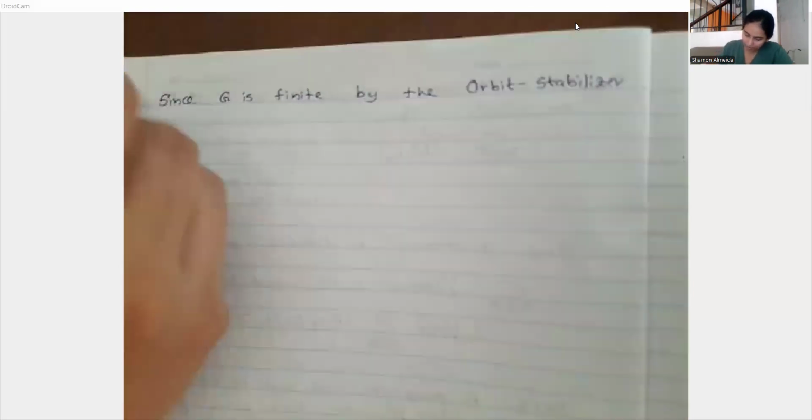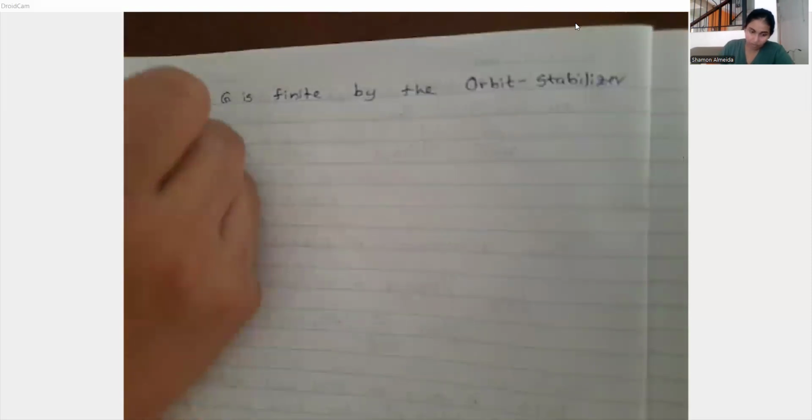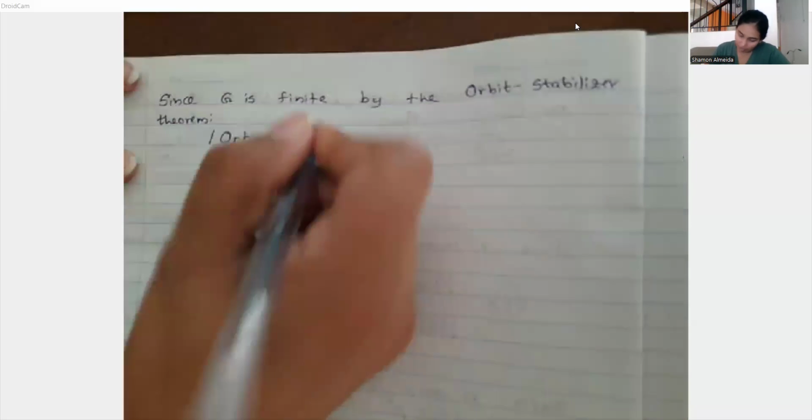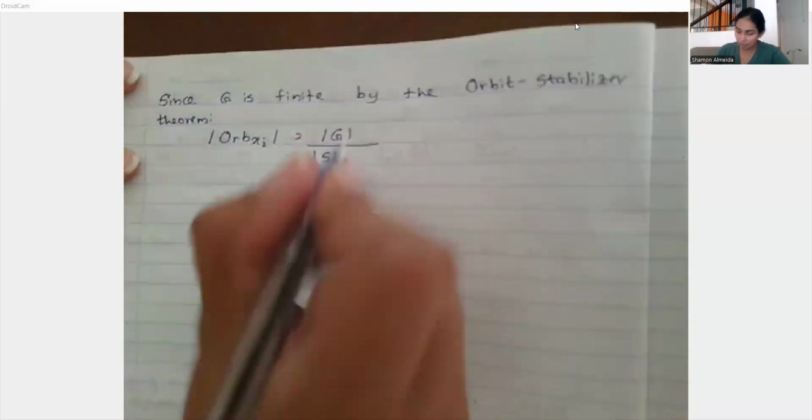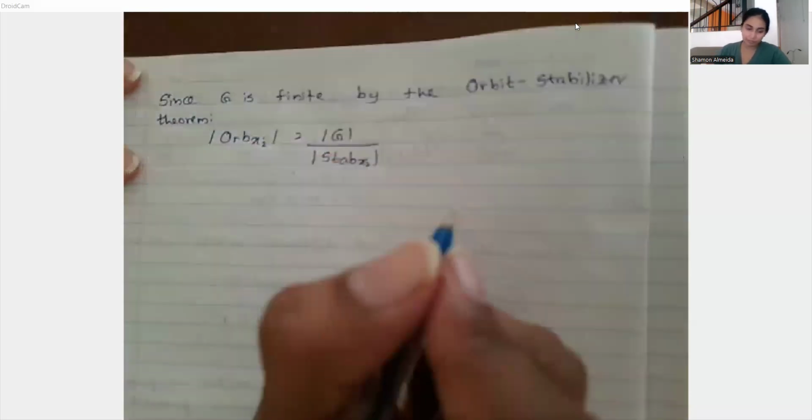Since G is finite, by the orbit stabilizer theorem, we know the number of elements in an orbit of xi is the same as the number of elements in G over the number of elements in the corresponding stabilizer, stab of xi, right?